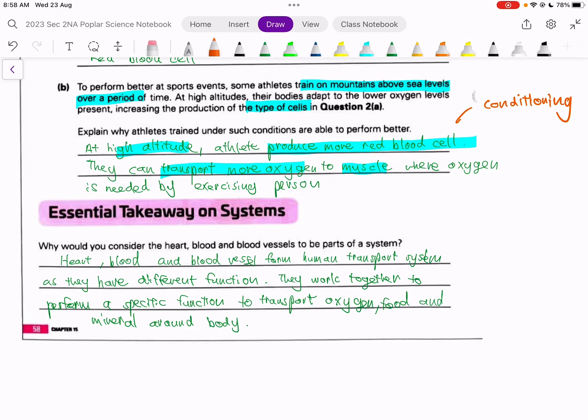Yes, they are part of the human transport system, but they all have different functions. The heart is to pump the blood. Blood is to transport the oxygen, and blood vessels carry blood to the different parts of the body. They all work together to perform specific functions such as transporting oxygen, food, and minerals, a bit like your MRT system to transport humans around.